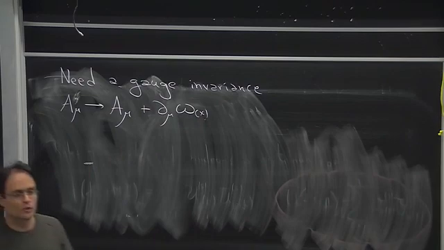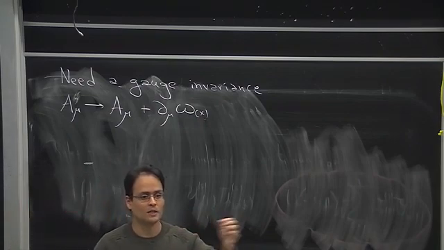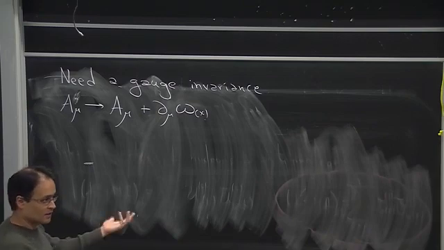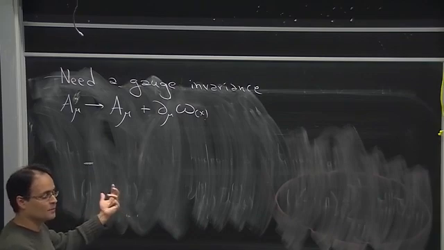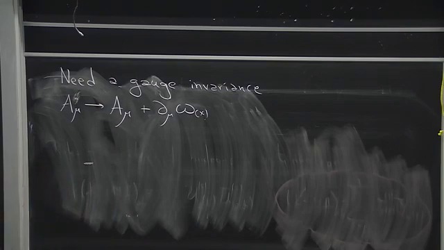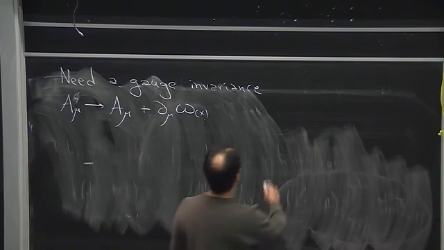So what was the trick we used in the case of the complex scalar field? And the reason was that the complex scalar field already had a symmetry, right? Does this theory have a symmetry? So we're in luck.